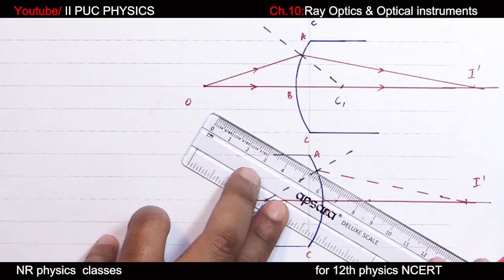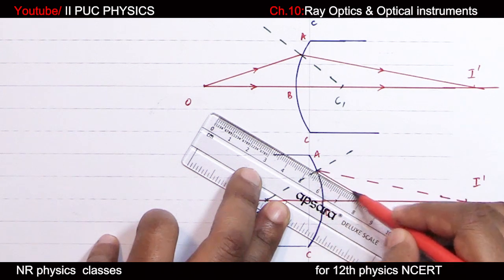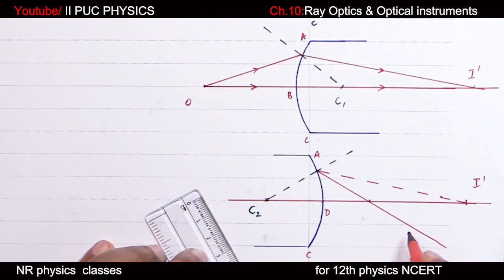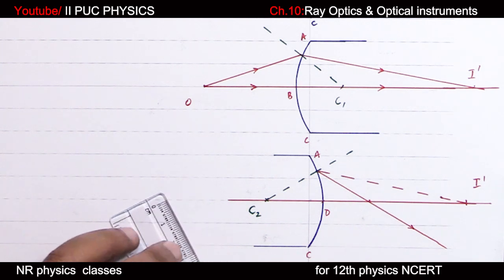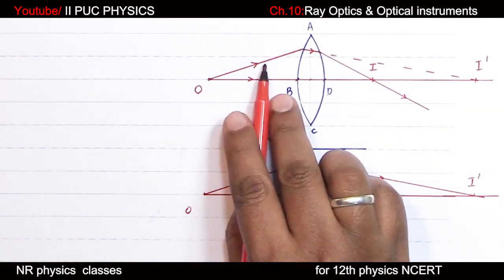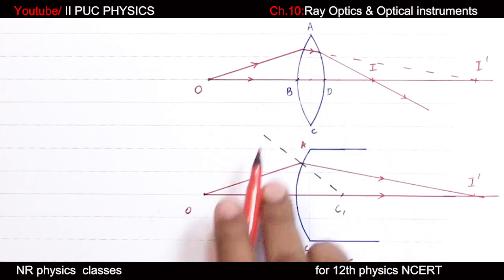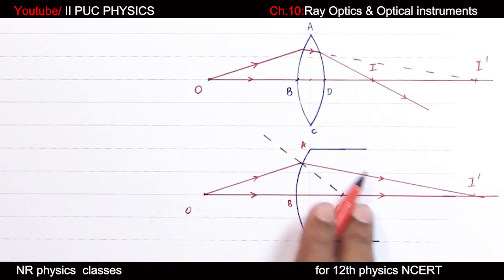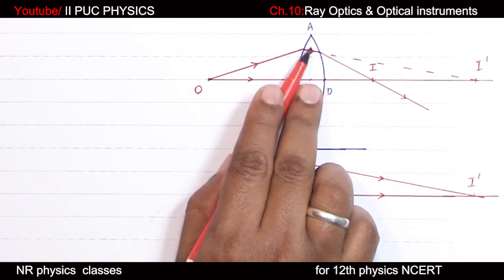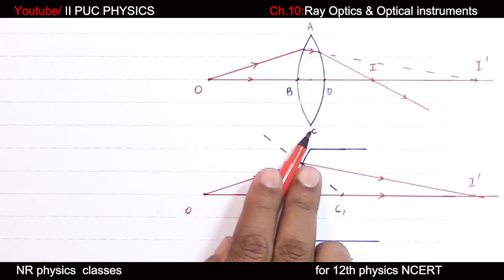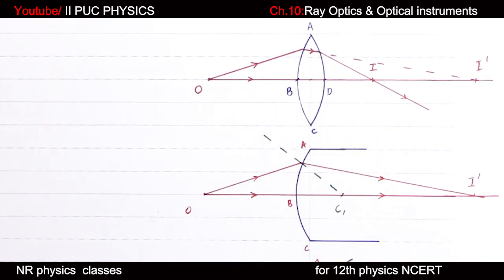Let me draw the emergent ray. Incident ray, refracted ray. This is the incident ray at the second interface ADC, and this is the emergent ray.